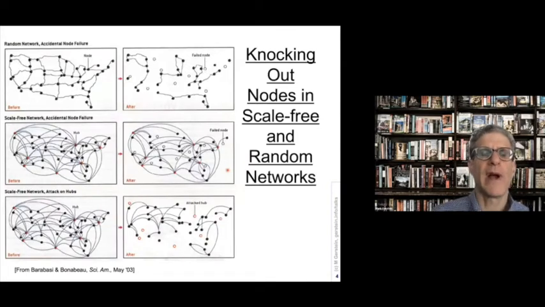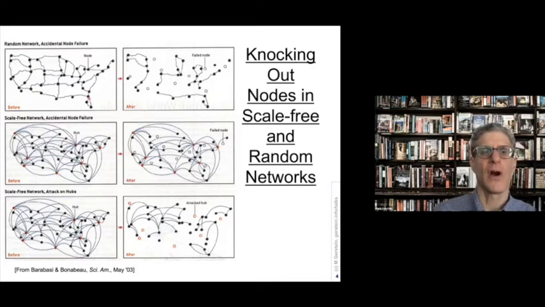So one thing right away you can see is the network has a different type of robustness and fragility if it's a scale-free network versus a random network. Because the connectivity of the scale-free network is dictated by just a very few hubs, it's actually very robust to random attack.